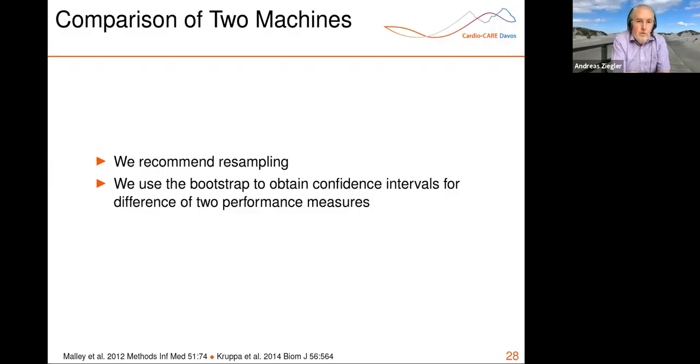And just as a brief statement, we clearly recommend resampling to do it. We don't prefer the analytical approaches here because they sometimes have quite unusual properties. This is something we've observed primarily on simulated data. And we typically do a bootstrap to obtain confidence intervals for the difference of two of these performance measures. So maybe a confidence interval even to compare the log loss of two different machines.